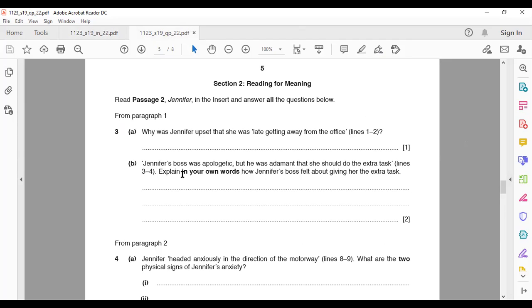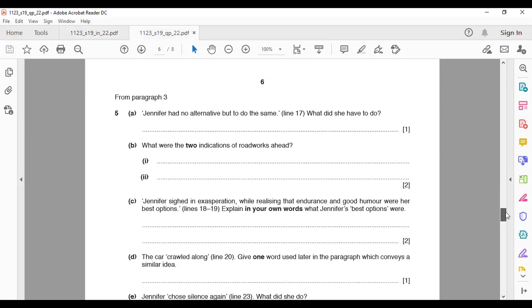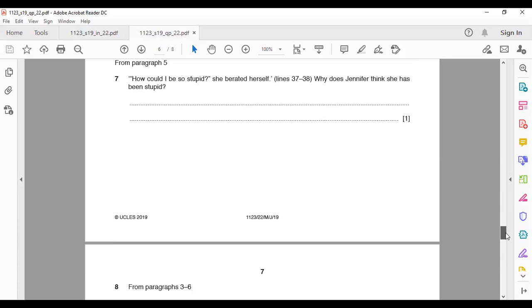So every now and then you will come across this type of question whereby you have to explain using your own words, which means you state the idea from the passage and then you explain the ideas, because 2 marks will be awarded for the question. And always be vigilant about the marks given, because these are the key to identifying how much you are required to write based on the questions given.